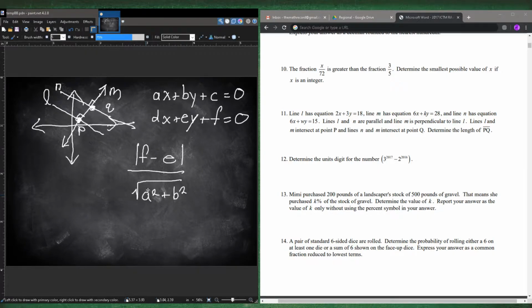Or you could have d squared plus e squared since they're basically the same numbers. So this equation will give us the distance between those two parallel lines.